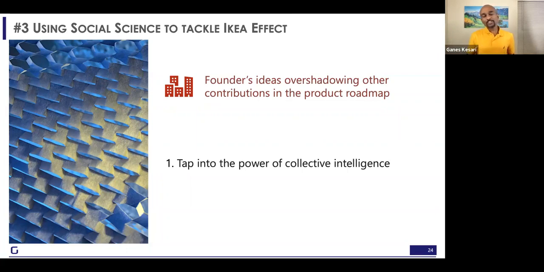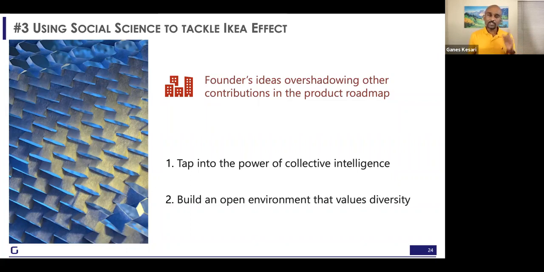And they interestingly found out that the answers given by large groups of people across the organization, even beyond the product team, were more accurate than what the product managers had estimated. This is because of a variety of factors: they see a completely different perspective and other aspects which the product manager may not be looking at. So that's why the wisdom of crowds, the power of collective intelligence, is very important.